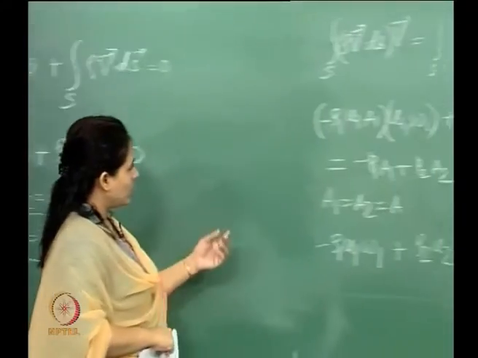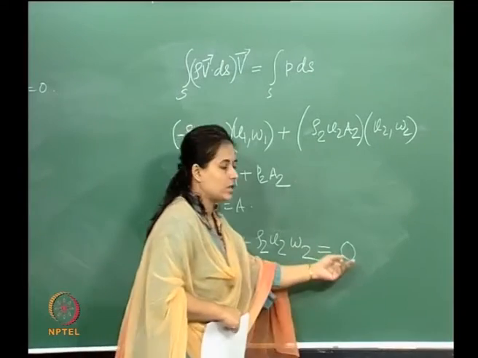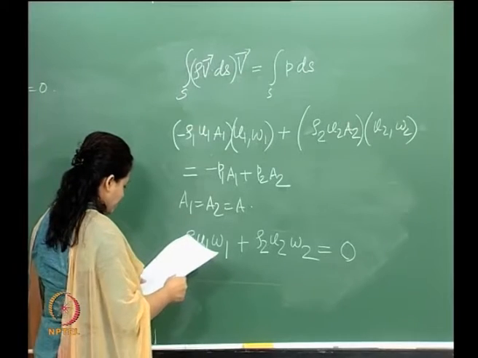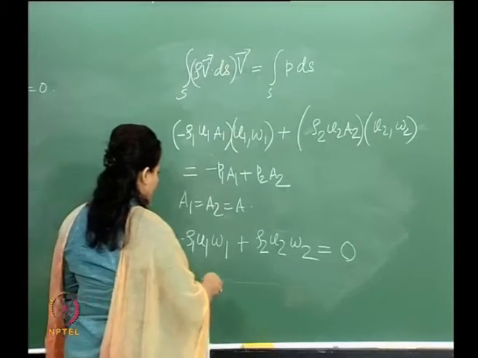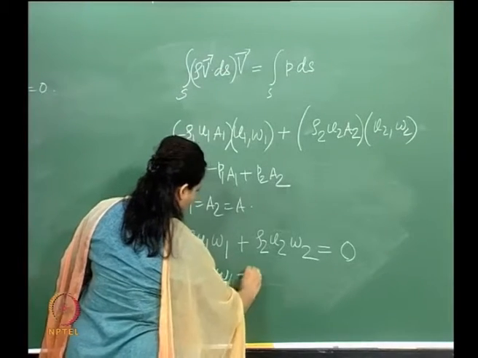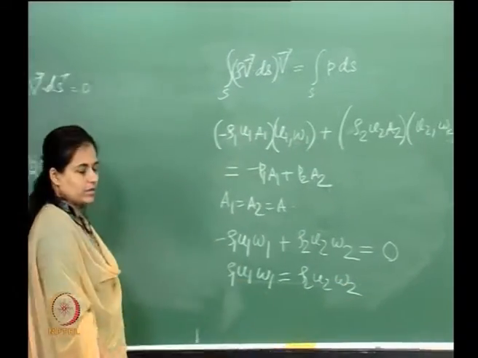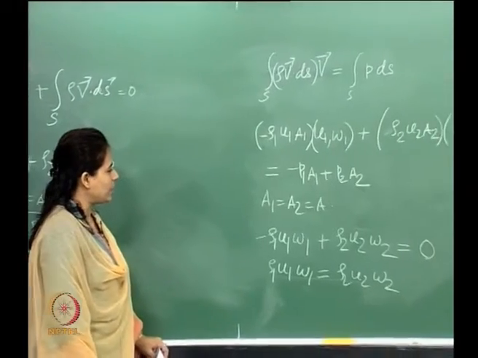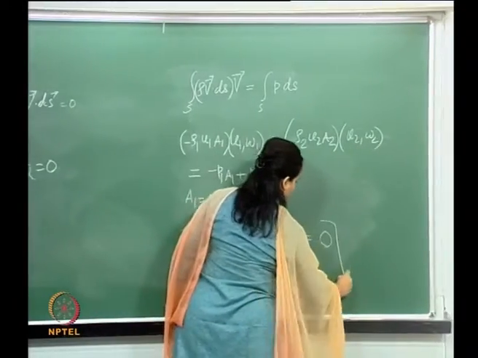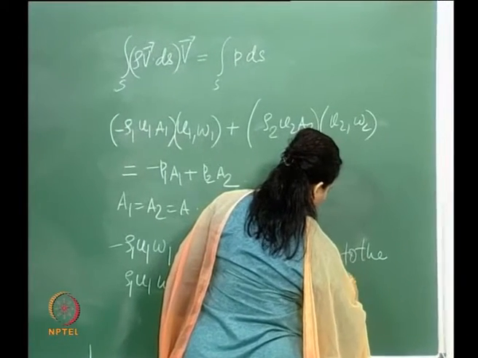So, when I take this velocity as W1, I get this, isn't it. There is no pressure term in this direction. So, essentially what we have seen here is that rho 1 U1 W1 is equal to rho 2 U2 W2. This is what we get if we are looking in the direction parallel to the oblique shock.